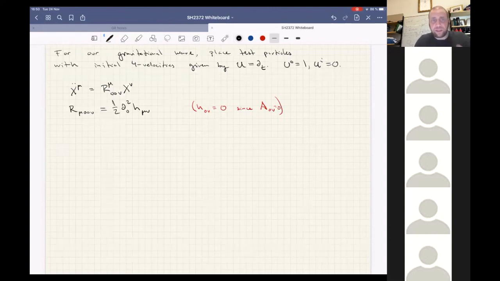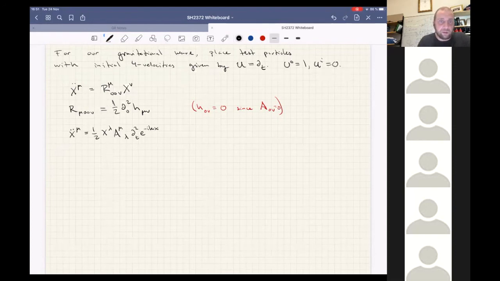Okay, so if we insert this now, what we will find is that x dot mu is going to be equal to 1/2 x lambda a mu lambda, and then the second time derivative of e to the minus I kx.